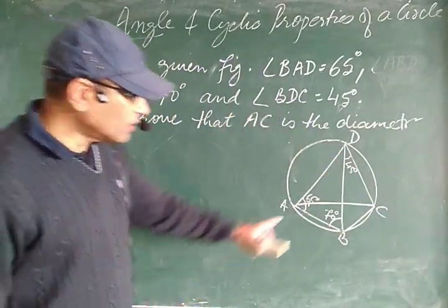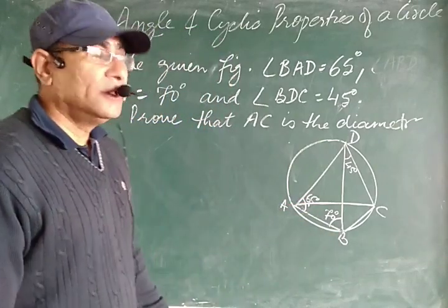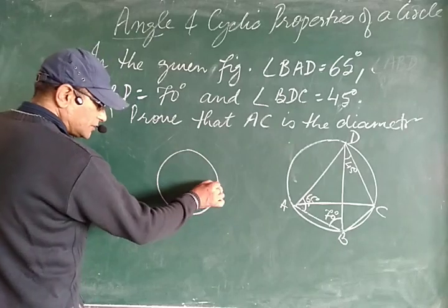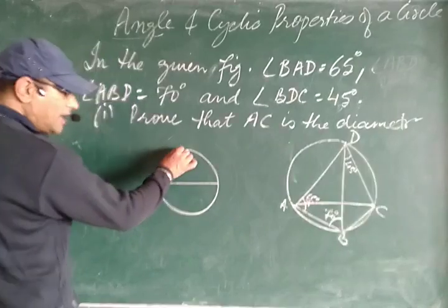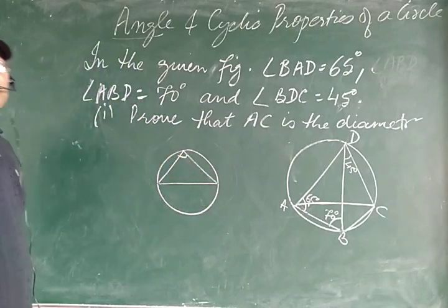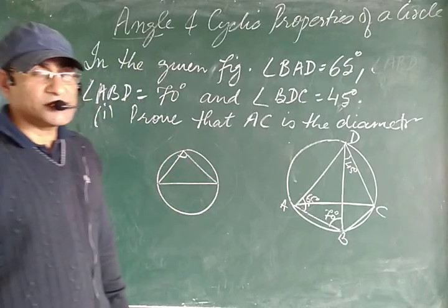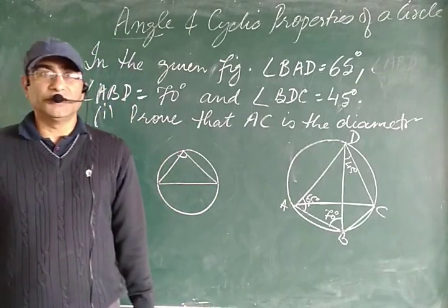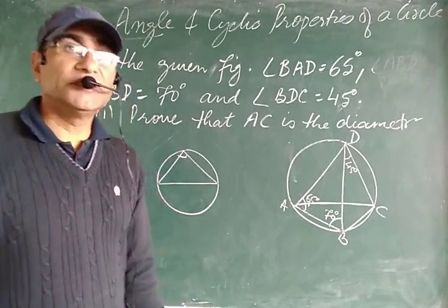Let us suppose AC is the diameter. In order to be the diameter of a circle, as we told just now, any angle formed on the circumference must be 90 degrees. The theorem says the angle formed in a semicircle is 90 degrees, a right angle.